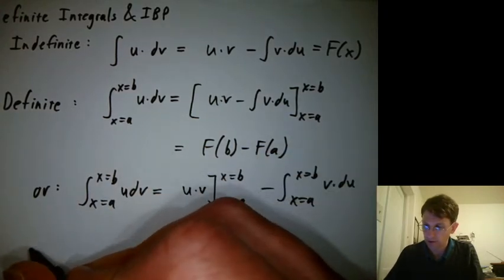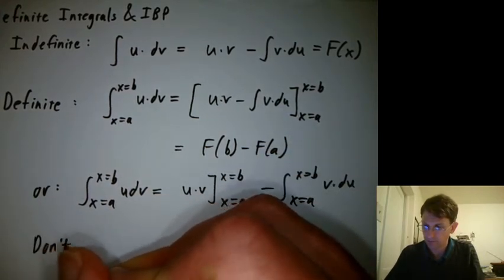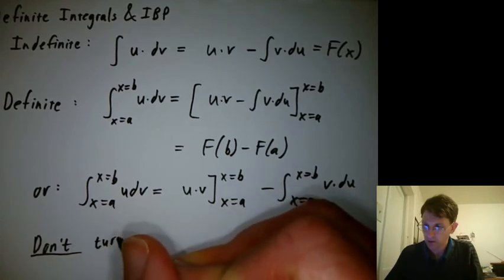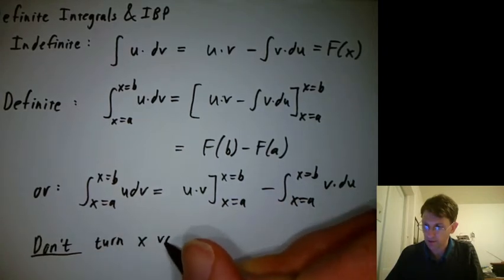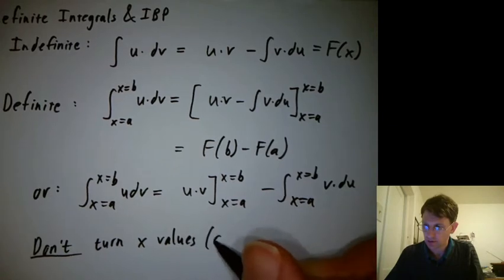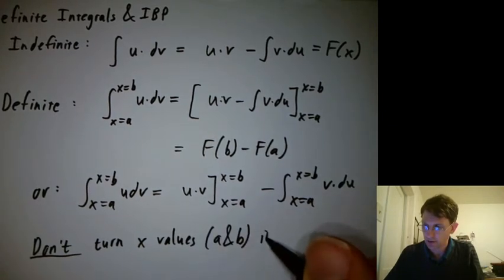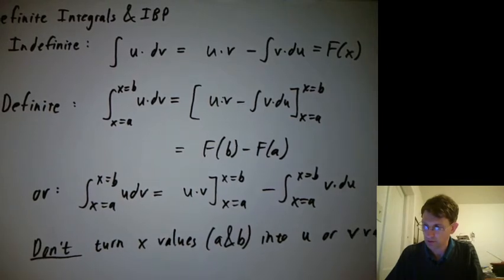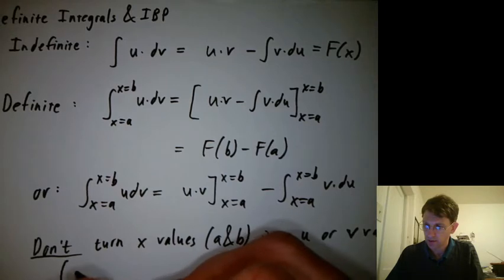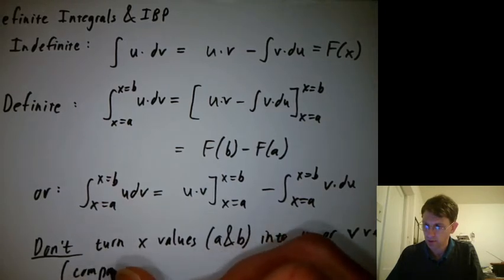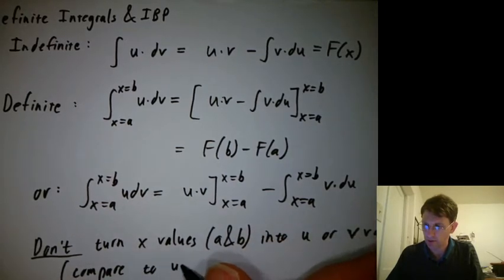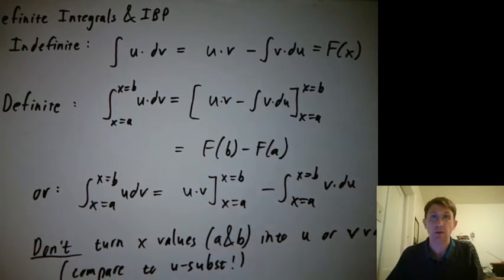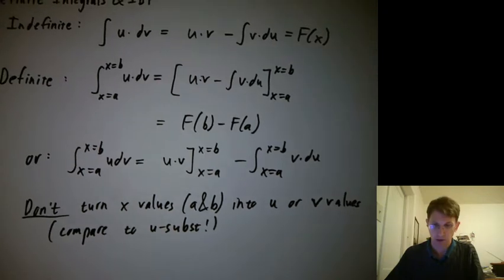So we'll highlight we don't turn the x values, the a and the b, into u or v values. And compare that to u substitution, where we do turn them into u or v values.